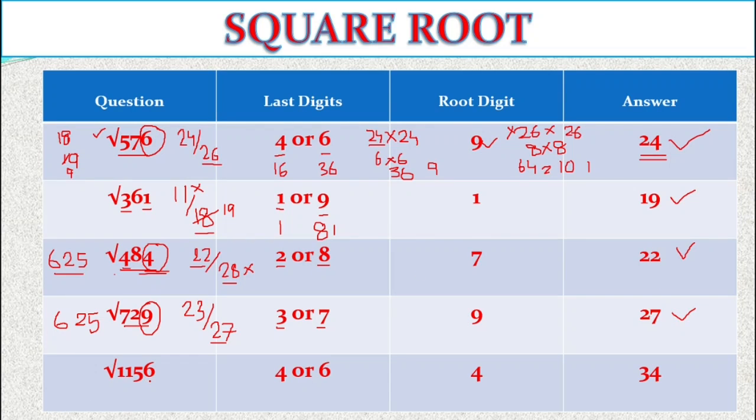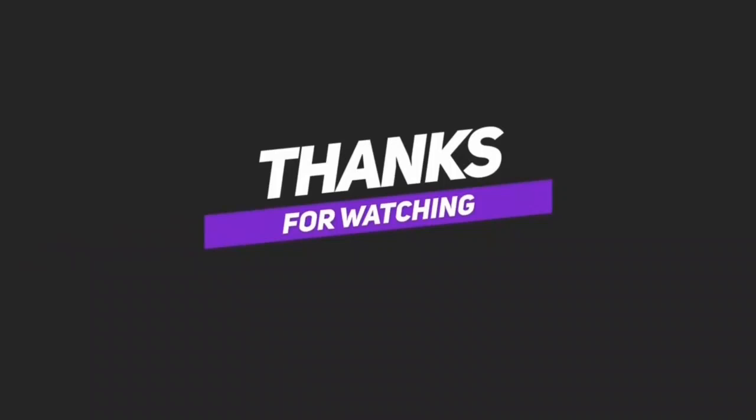And coming to the next one, it's something like 6 is there, right? So the probables are either 4 or 6. Coming to this one, 3 3s are 9, or if I take 1156, 3 3s are 9, 4 4s are 16, yeah, 3 is my first digit. And which one is the correct answer? 34 or 36?